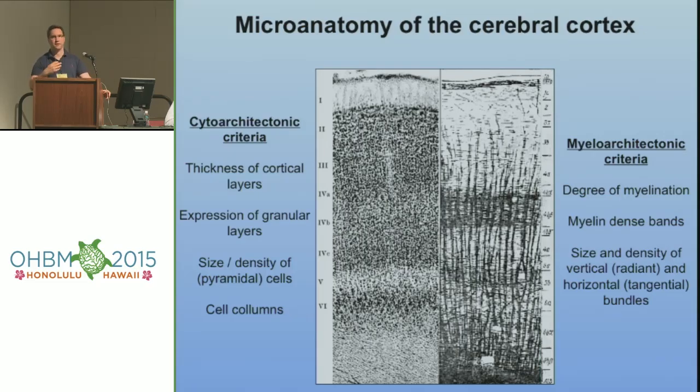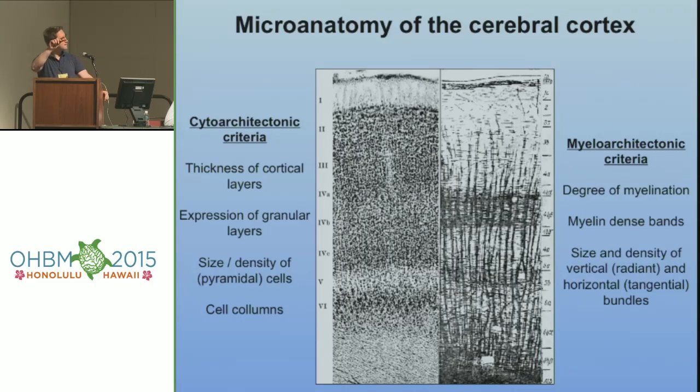And importantly, and I will go into that on my next slides, the exact makeup, how dense, how large, how arranged the cells are, that varies from one cortical region to another. So we can use that to identify distinct microanatomical entities on the cerebral cortex.